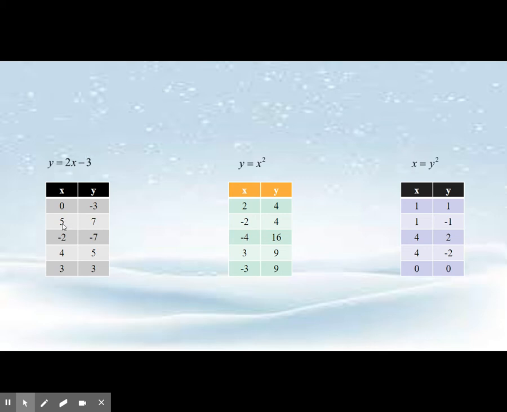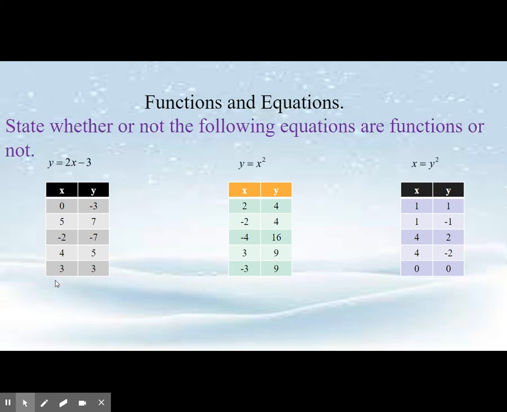So if we look at the first table, function or not a function? Well, we have 0, 5, -2, 4, 3. Any of those the same? Nope. So it's a function. Looking at the middle one: 2, -2, -4, 3, -3. Any of those numbers the same?